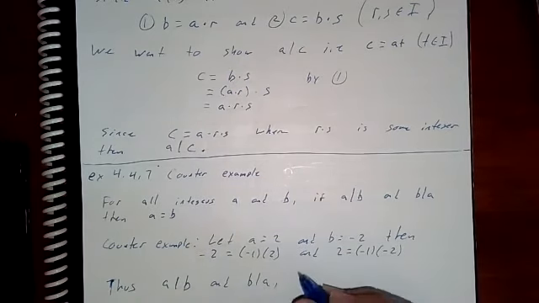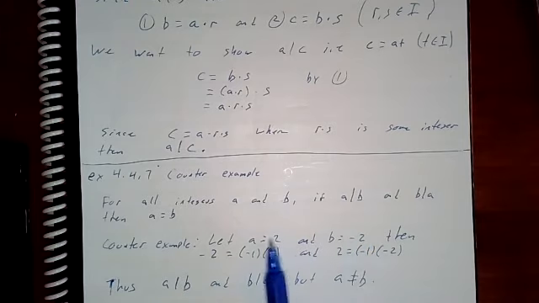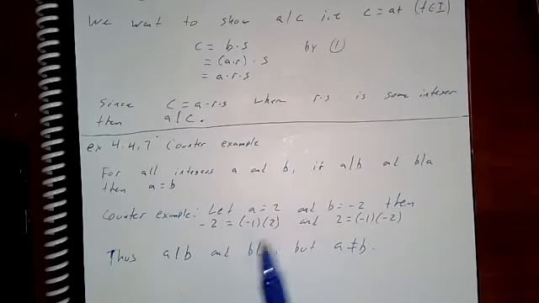But notice that a is not equal to b. So check it out. a is 2 and b is -2. So 2 goes into -2, no problem. -2 goes into 2, no problem, right? And here are the definitions, writing them using the definition of divisibility right here.